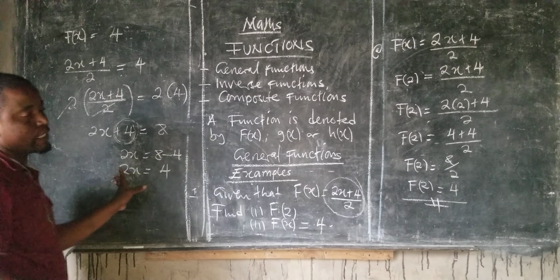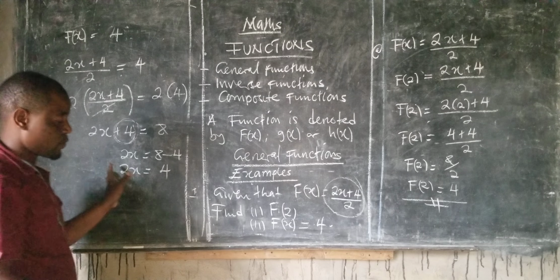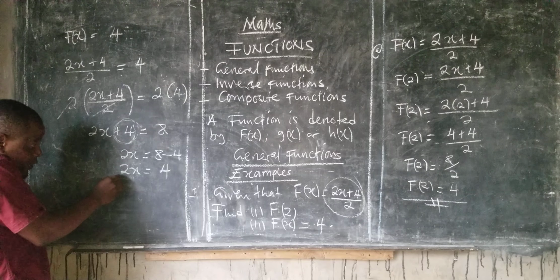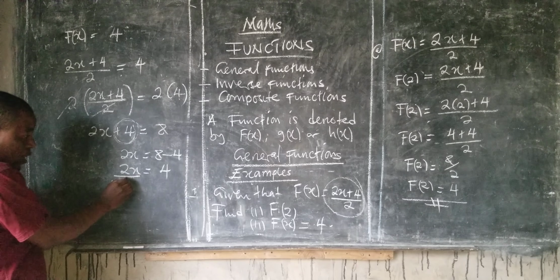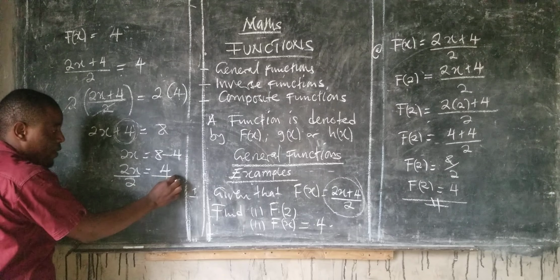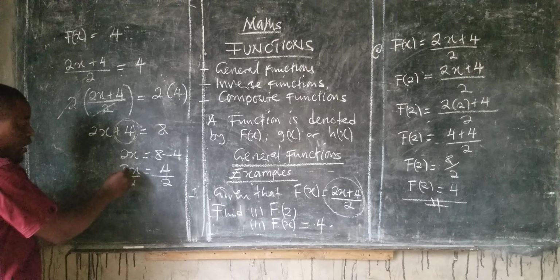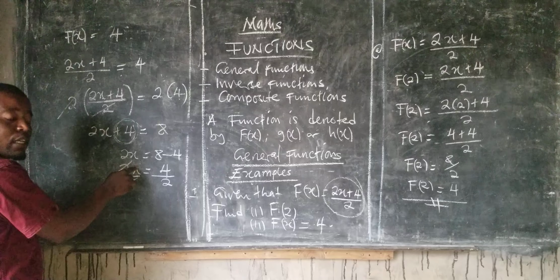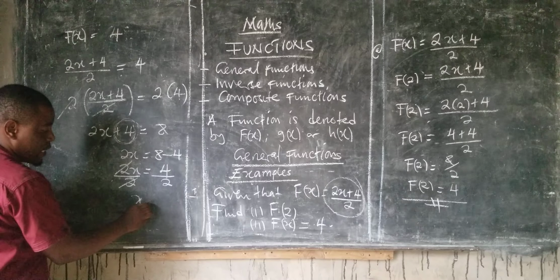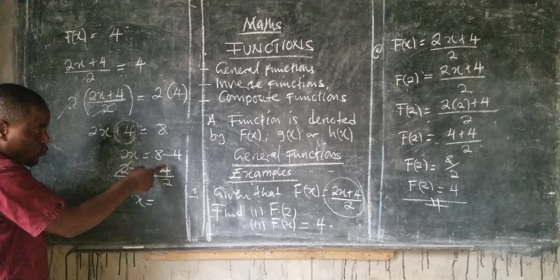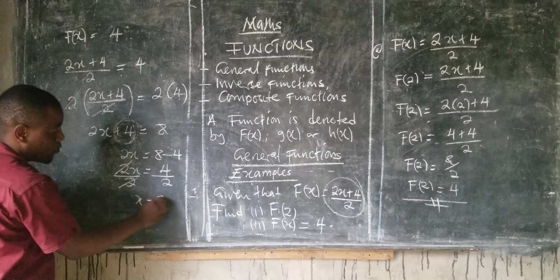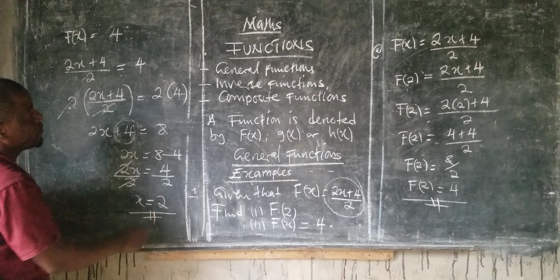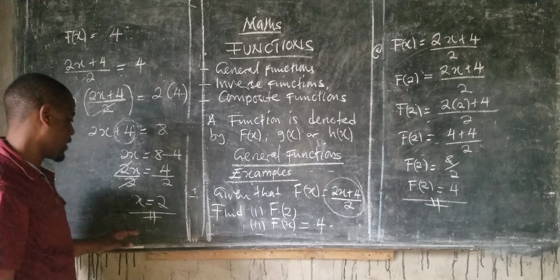Our target is to calculate the value of x, so you divide both sides by 2. You cancel, remaining with x, and x is equal to 2 into 4, how many times? 2. Then x is equal to 2. Anyone who is behind here?